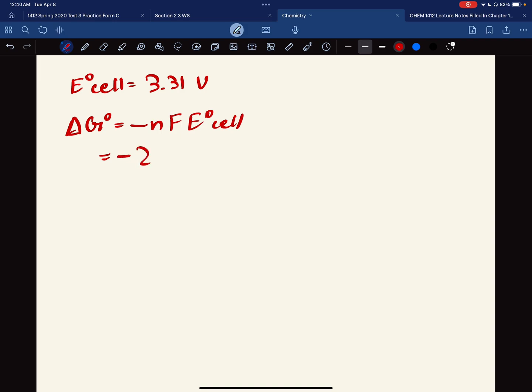So we have negative 2 times Faraday's constant, which is 96,485 coulombs per mole, and the E naught cell is going to be 3.31 volts. So moles cancel out, and in the end we have only joules left.